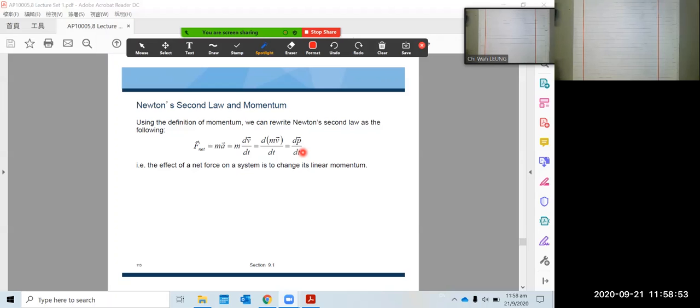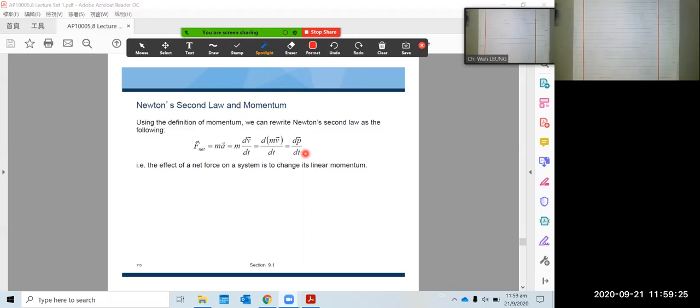Objects may not be changing the acceleration, but they may be changing the mass. When the mass changes, the momentum would change. For example, you have a rocket, and the rocket carries some fuel. When the rocket is launching, it would be losing the fuel, so it would be losing the mass. In that case, even if the object has a constant acceleration, there would be a change of the mass.